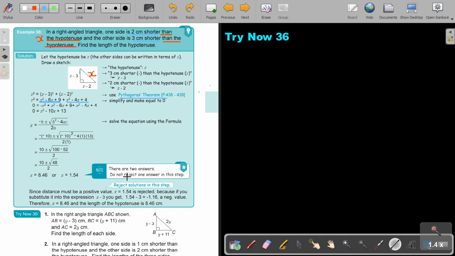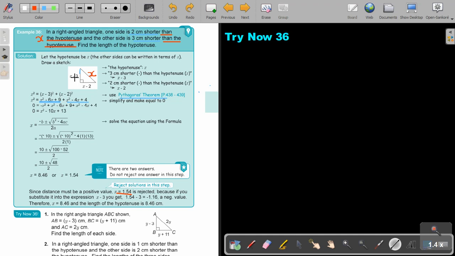So there are 2 answers. Do not reject one of the answers in this step. Leave the answers. Now, in the next step, since distance must be a positive value, x minus... why will this one be rejected? You say, oh, but it's not negative.